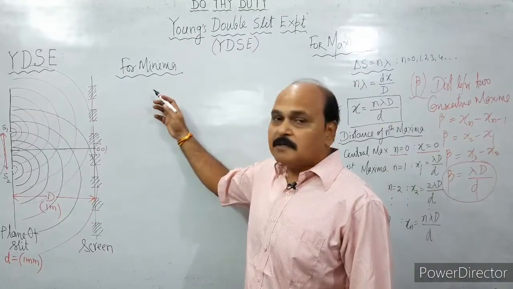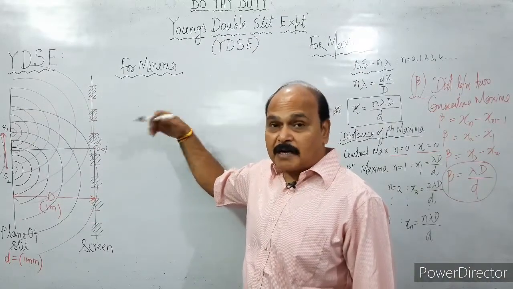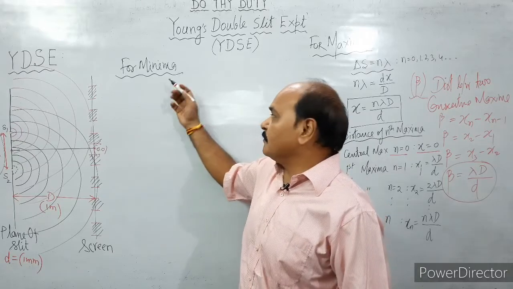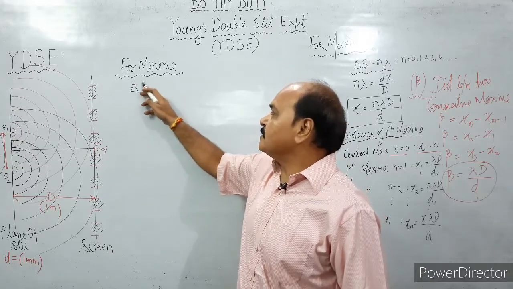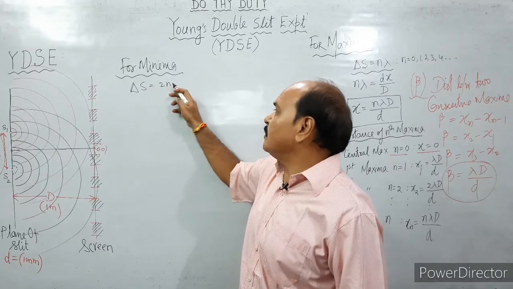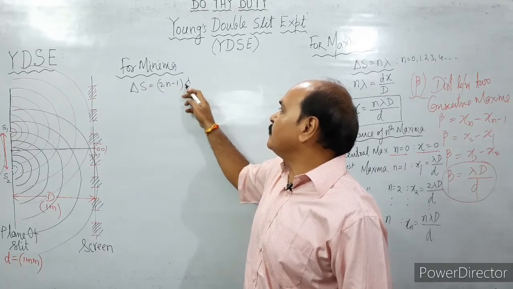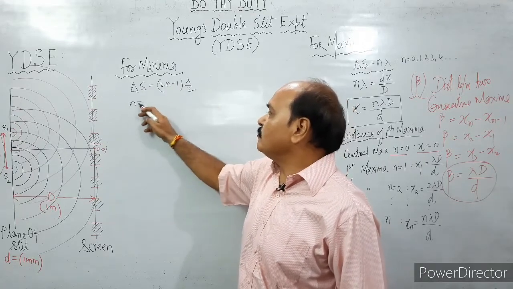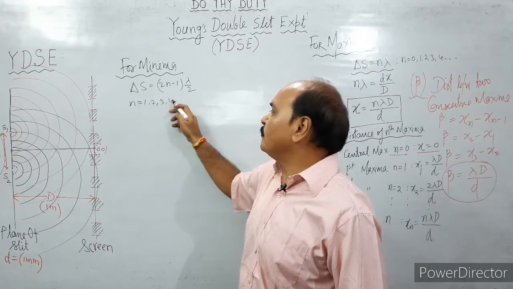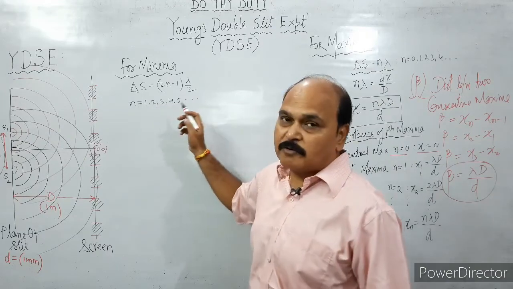For minima, or a dark band of destructive interference, what is the path difference? Path difference is (2n minus 1) lambda by 2, where n is equal to 1, 2, 3, 4, 5 and so on.